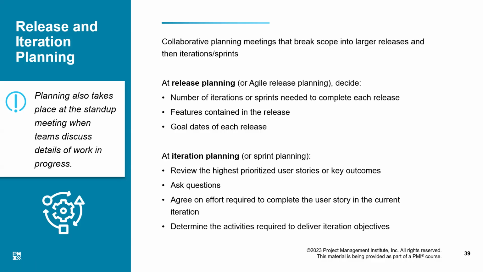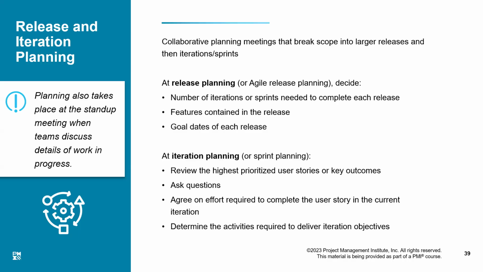Release points are when we are supposed to deliver something to the customer. So we put all our milestones there, and according to that, we try to accomplish. Then we decide the number of iterations or sprints needed to complete each release. How many iterations are required to do this release?